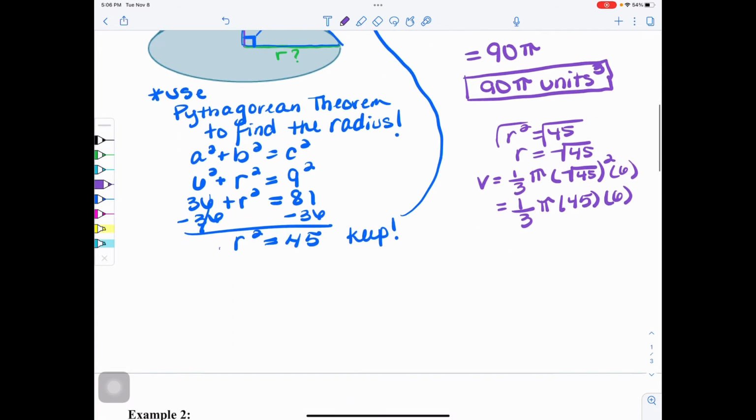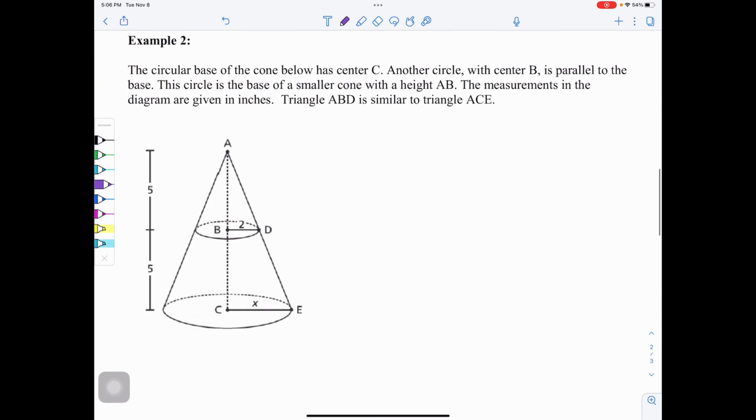Now for our final example, example 2, we have a circular base of the cone that has a center at C. So you can see down here is the base of a bigger cone. But then you have another circle with center B. So I'm going to do this one in blue.